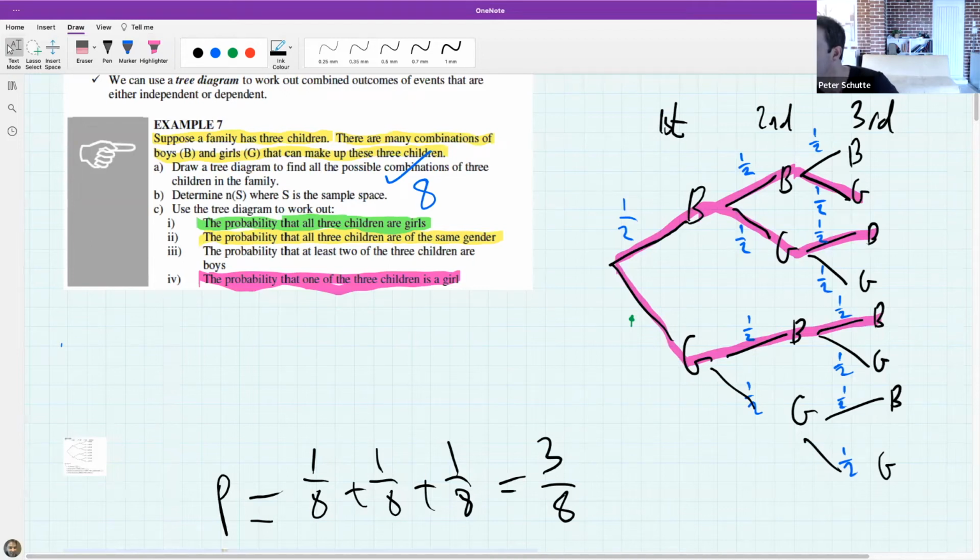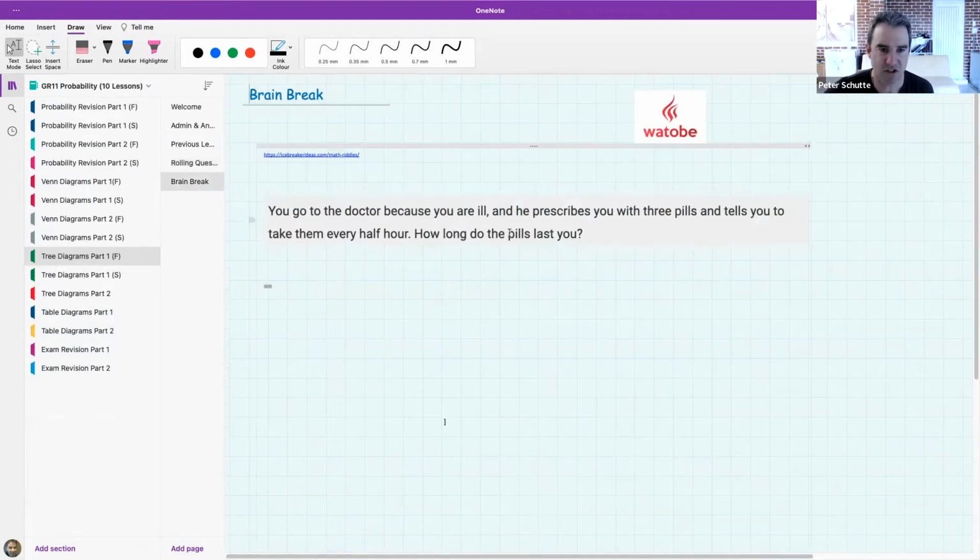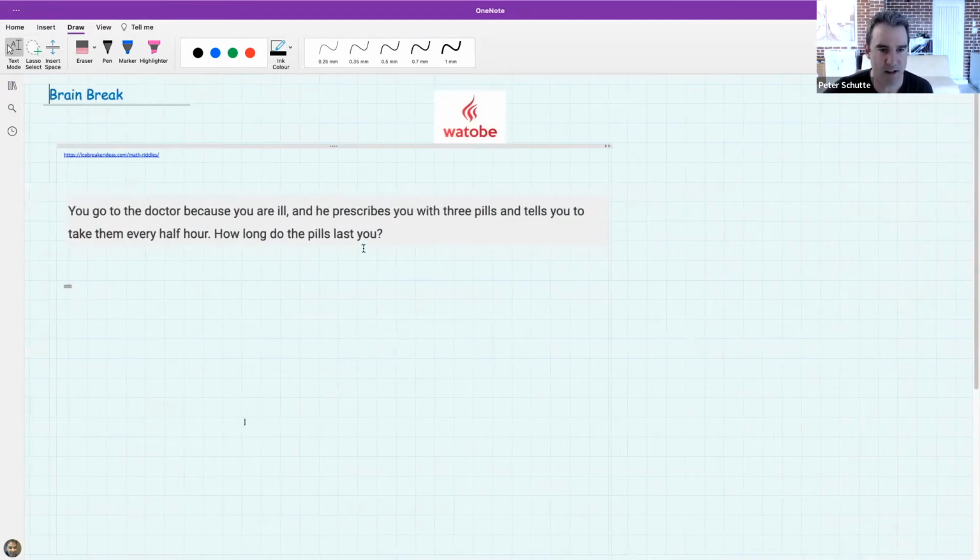Okay, awesome. I hope you feel like you've had a little break, that your brain is reset a little bit. Let's do a brain break question. Here is your brain break question for today.